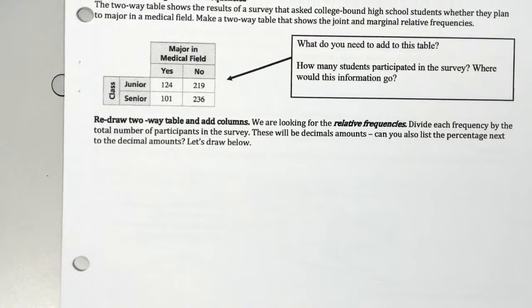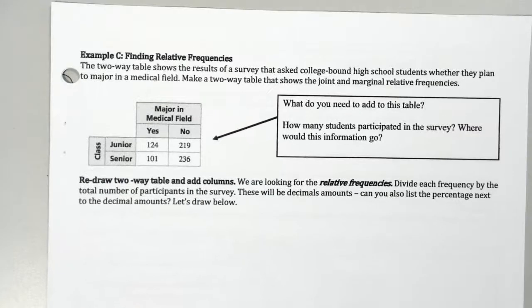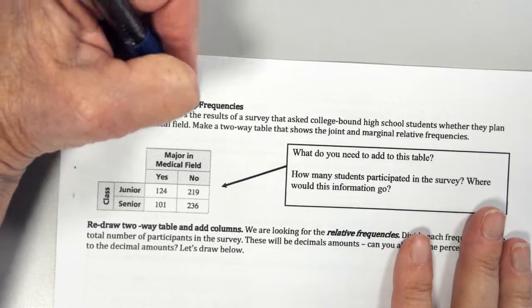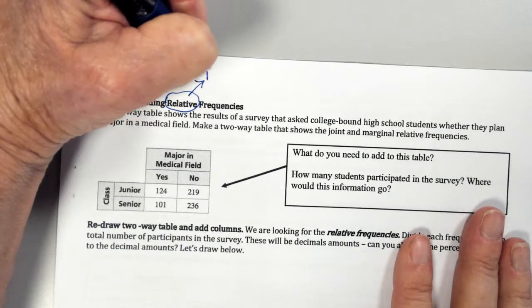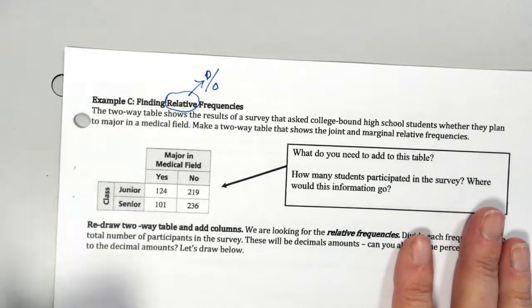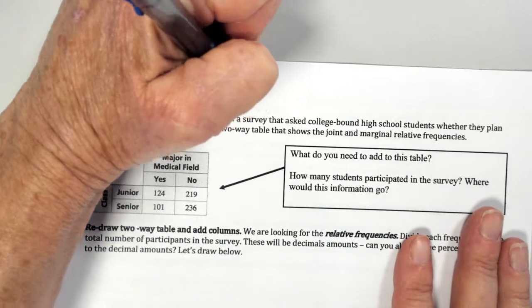Okay, so now let's go ahead and do the last thing here that we were supposed to do. And that is finding relative frequencies. So my relative frequencies are percentages. So I want you to underline or circle that, and I am looking for percentages. So remember, I'm going to divide something by the total amount.